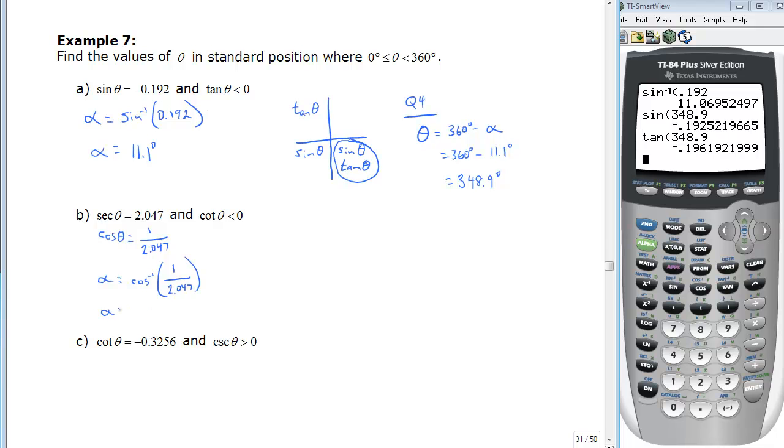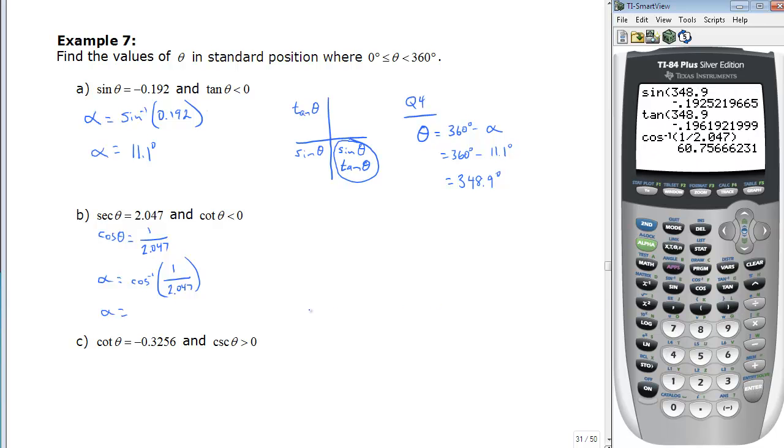Cosine inverse of 1 divided by 2.047 gives us 60.76 degrees rounded to 4 significant digits as our reference angle. Remember, it's an angle in quadrant 1.